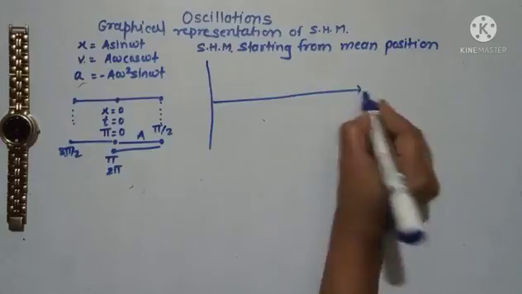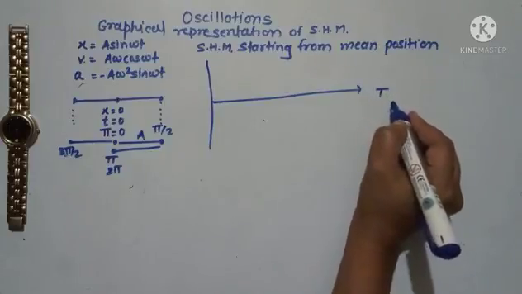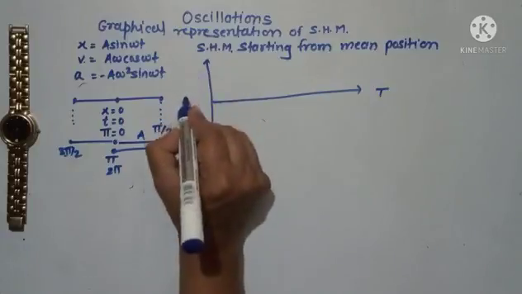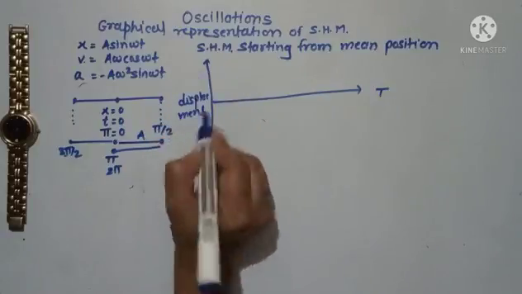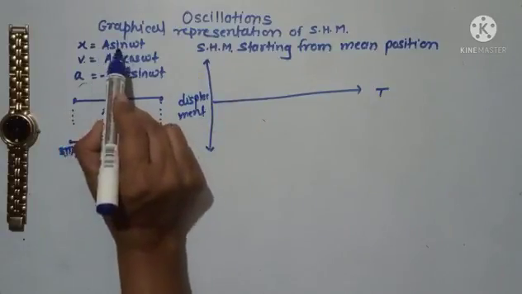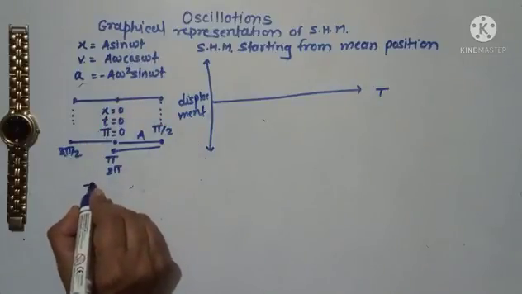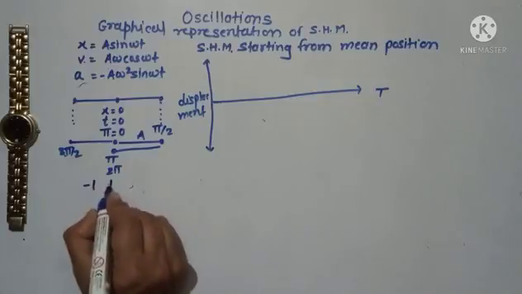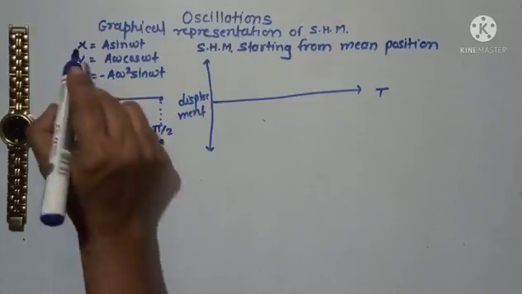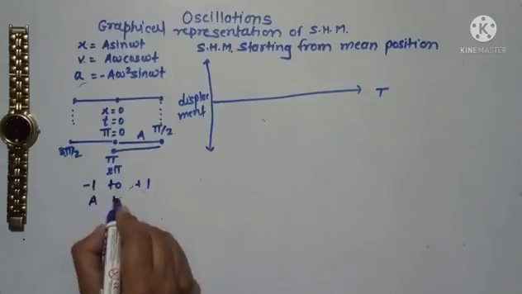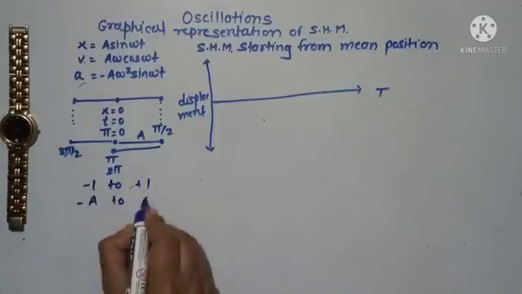The graphical representation of this displacement, let us take this as t, and here we can show the displacement. The value of sine omega t may change from minus 1 to plus 1. Therefore the maximum displacement will change from minus a to a.